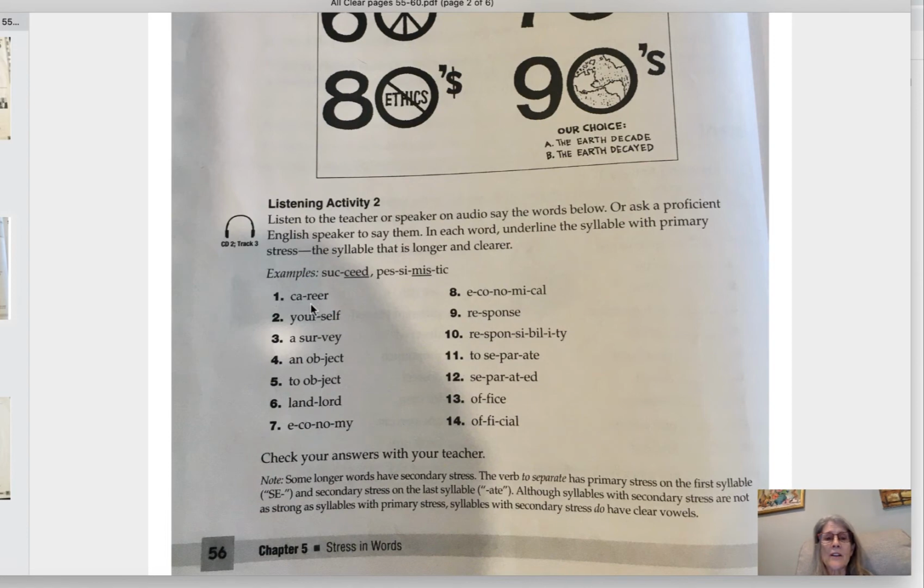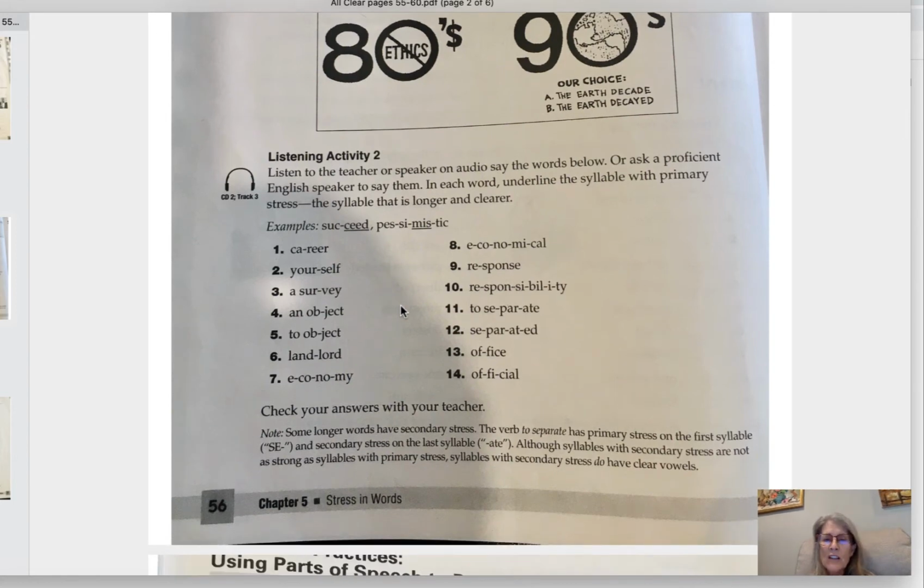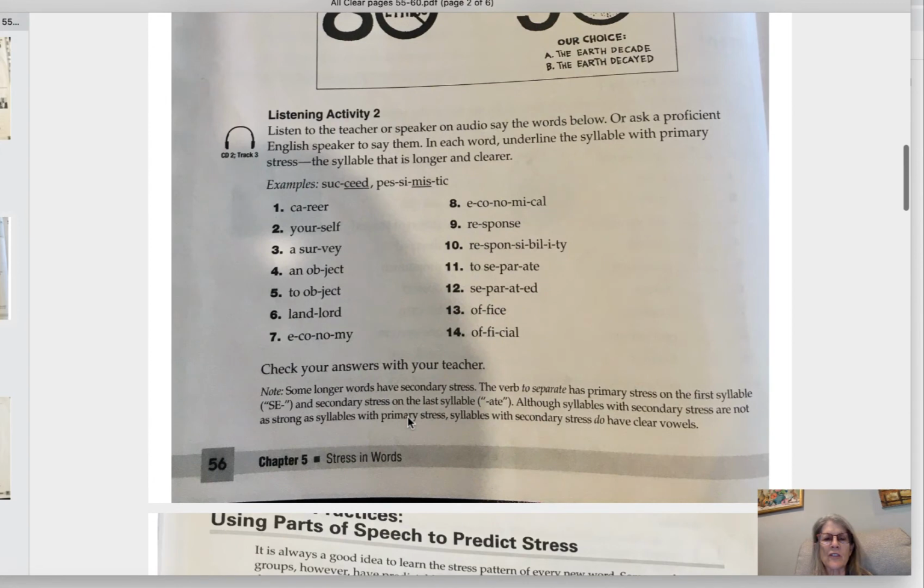Career. You're going to underline that second syllable. Do you hear yourself or yourself? Which one do you hear? Okay. So these are challenging, but as you listen and listen and listen, you will hear it. Check your answers with your teacher.